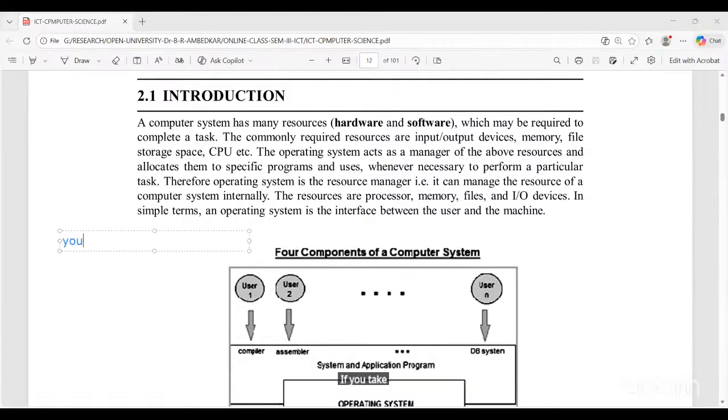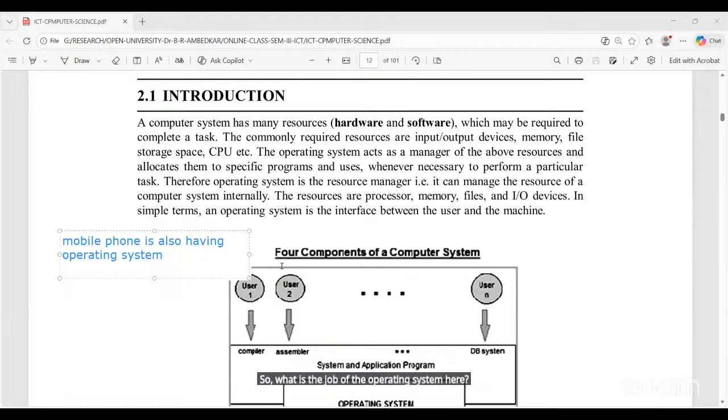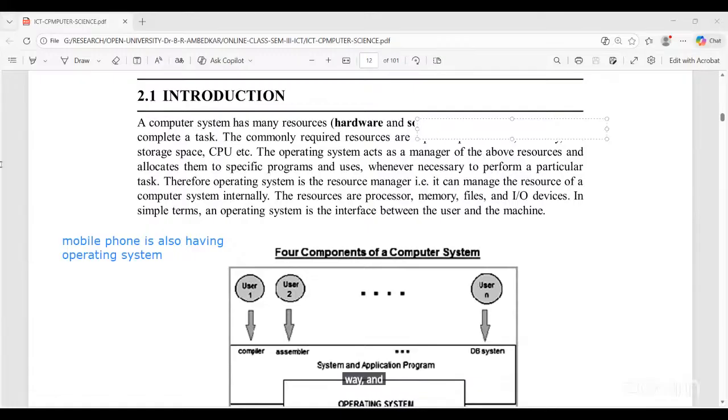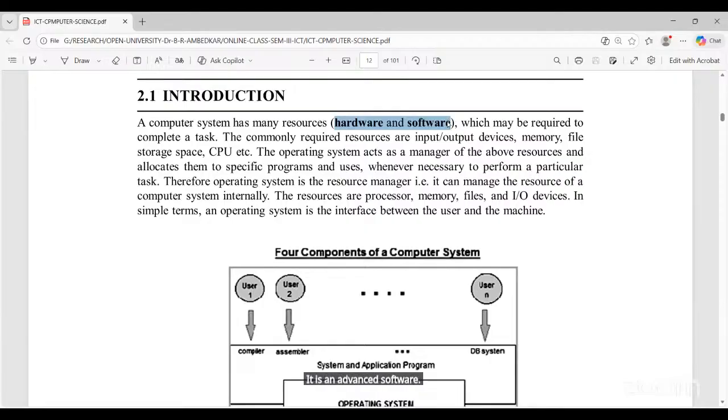The computer is a combination of hardware and software. Okay, but with this combination, a computer can complete any task, any activity.